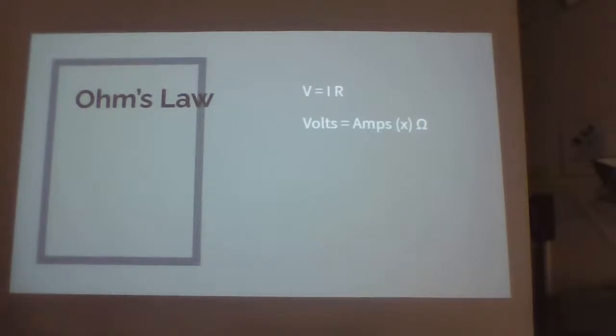That is the abbreviation. Remember, I stands for current, but we measure current in amps. Amps is our unit of measurement. And then it's written out for you there: volts equals amps times ohms. So that would be using the units of measurement for Ohm's law.